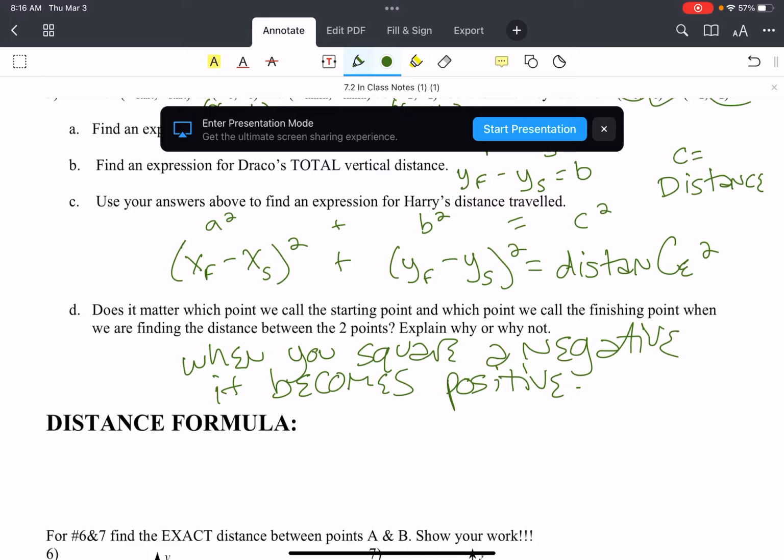Okay, the whole point of today is to find the distance formula. If it's the distance formula, I want distance to be all by itself. So what's the only thing I need to do to get the distance alone up here? Anyone?